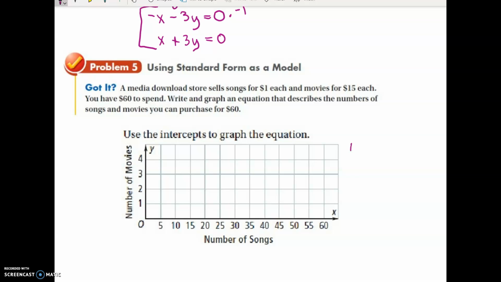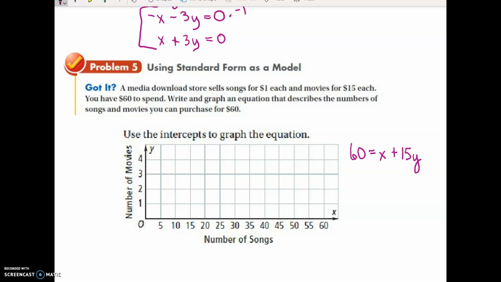So I know I have $60 to spend, and I know I have either $1 for a song, or I could do 15 for a movie. So here is my equation.